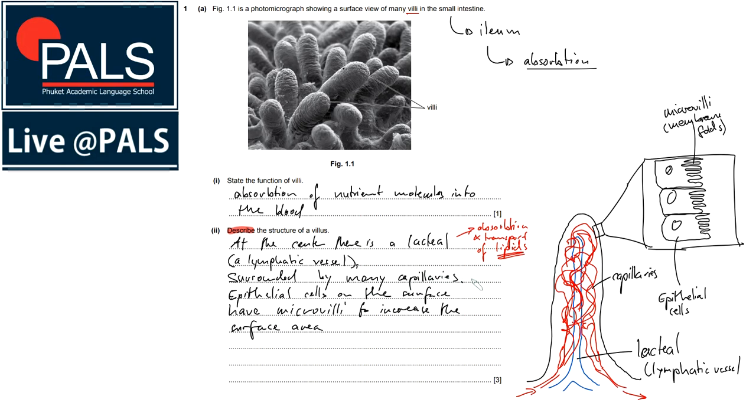Into blood for transport of glucose and amino acids. As well, we could write something like, there's a rich blood supply to maintain a steep concentration gradient to increase the rate of absorption of nutrients.